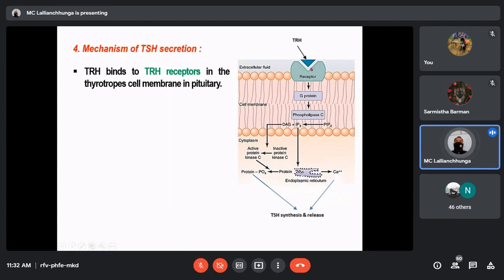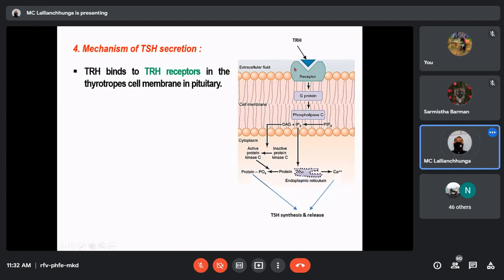Earlier I've already told you about cyclic AMP. This is how TRH acts on its receptor in the anterior pituitary gland. The previous one was about the TSH acting on its receptor in the thyroid gland; this one is regarding the TRH.